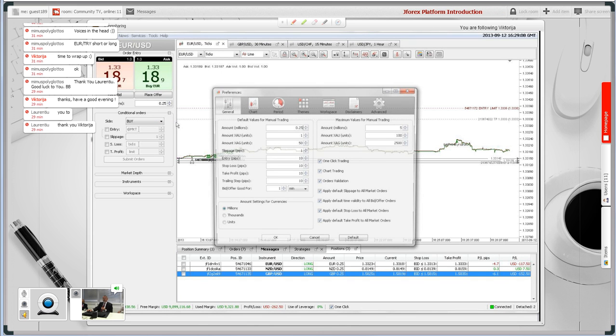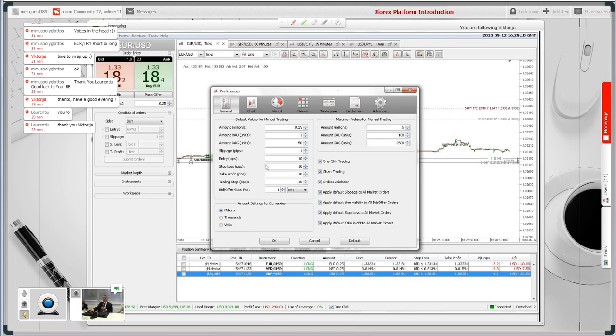I've said here that I want to place my orders with 10 pips difference between the market price and the price where I want to enter my order. I go here to entry and I say it's not going to be 10, it's going to be 100. Every time you place an order, it will enter with 100 pips difference with the current market price.